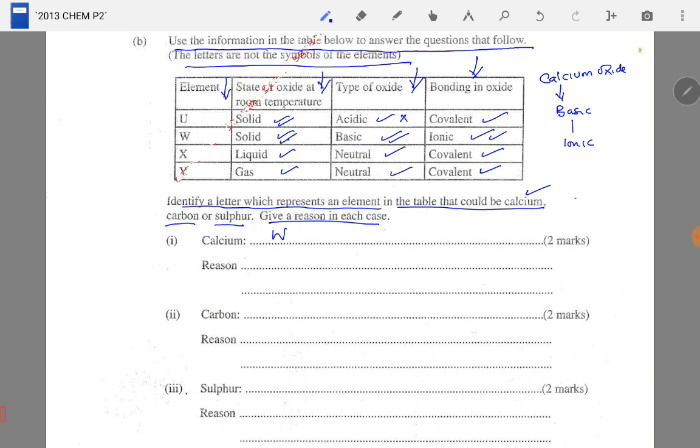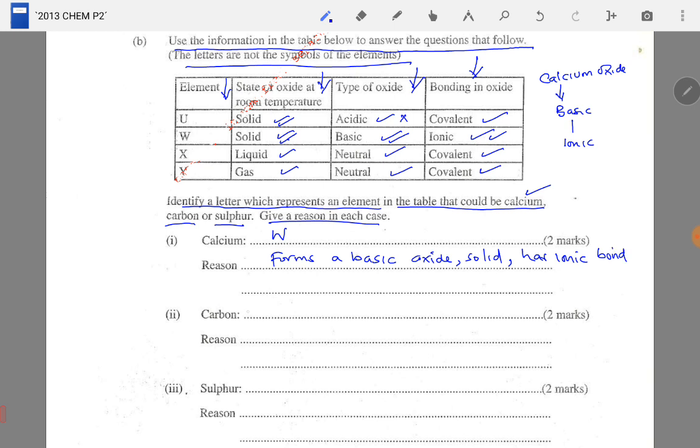The reason given here is it forms a basic oxide, solid at room temperature and has ionic bond.